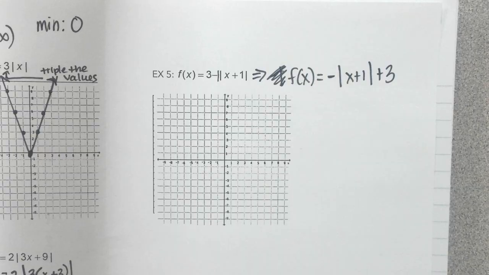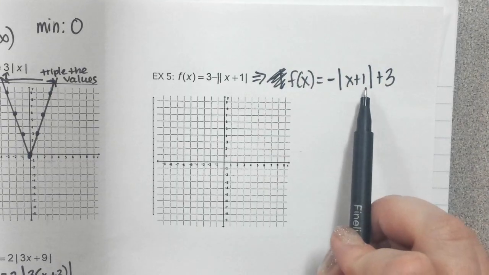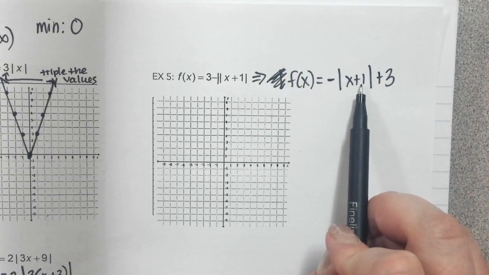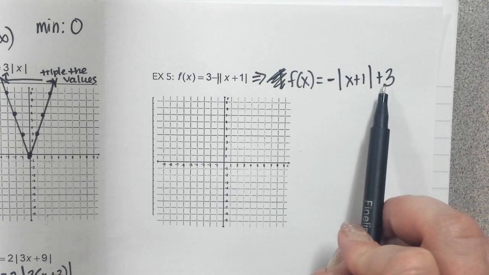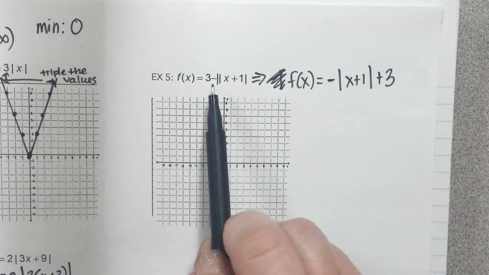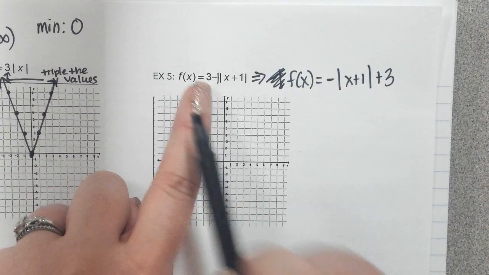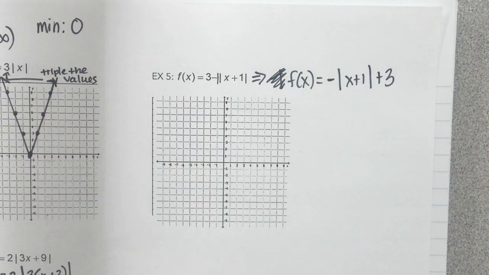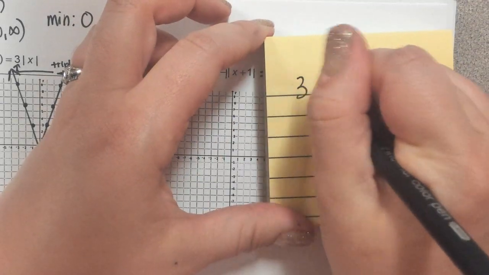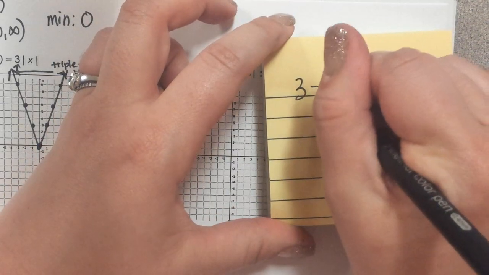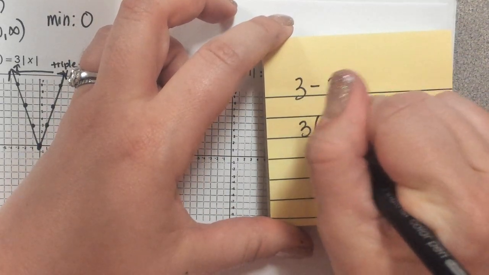Where are we going here? Shifted left 1. Wait, how do you know you're not multiplying? Because if I was multiplying, it would be 3 times absolute value. Look at this: I could have 3 minus 2 or 3 times 2, right?